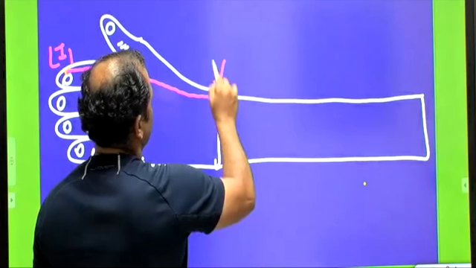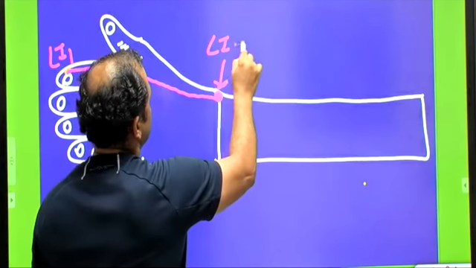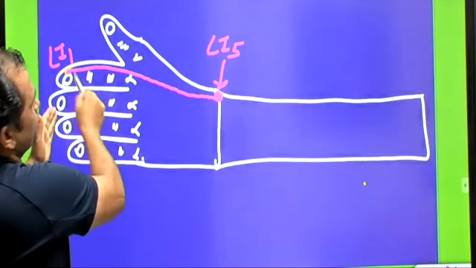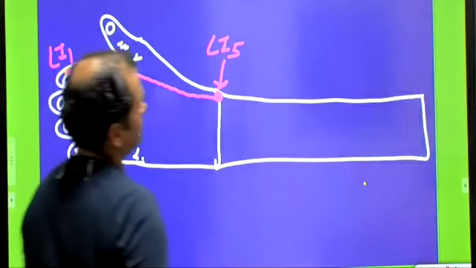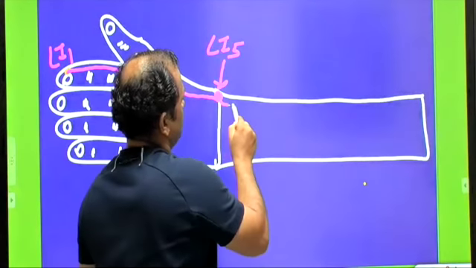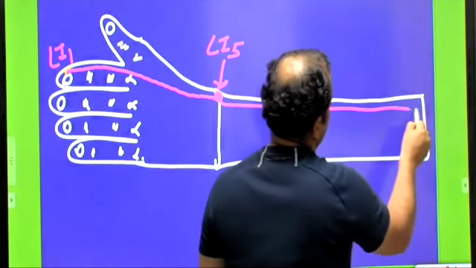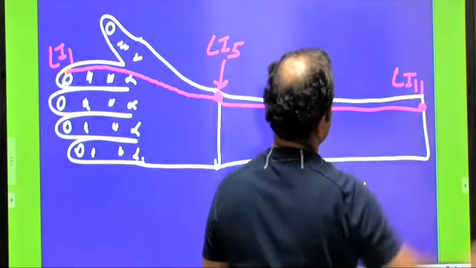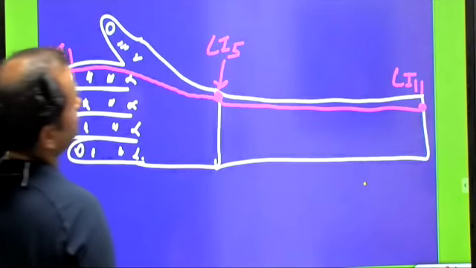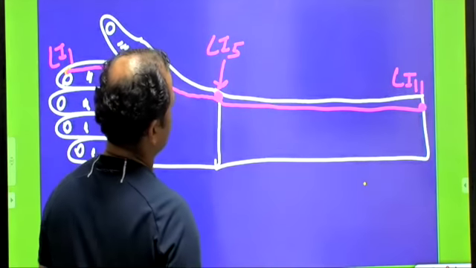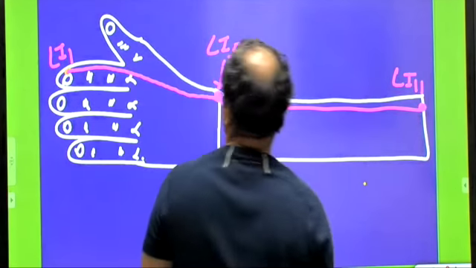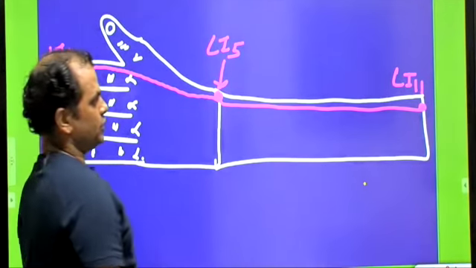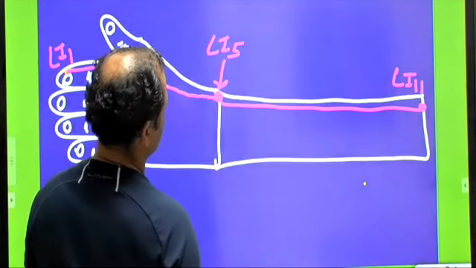On the wrist we have large intestine 5, and in between we have 2, 3, 4. Then on the elbow joint we have large intestine 11, with points 6, 7, 8, 9, 10 in between. But we have to discuss mainly 5 points, the points that belong to the 5 elements.